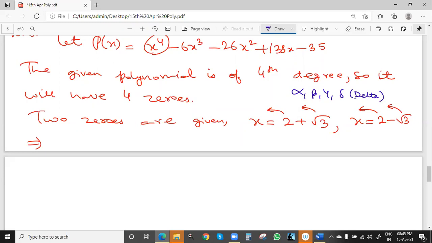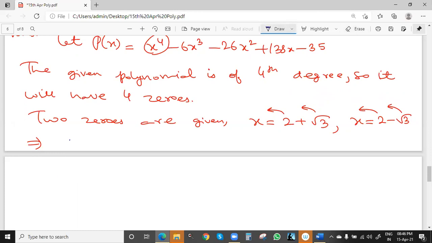So alpha, beta, gamma, delta. So we'll avoid these formulas because the formula will be complex. Alpha plus beta plus gamma plus delta will be complex. That's why, first form a quadratic equation with these 2 zeros, and then divide the bigger polynomial by this. Same process we are doing.